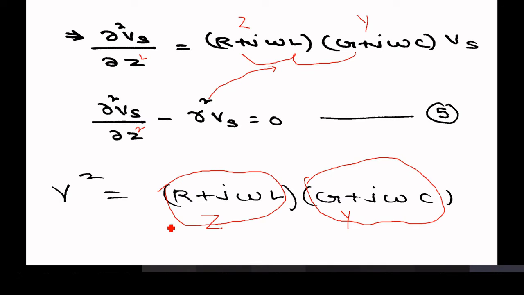So gamma square is equal to R plus j omega L into G plus j omega C, or we can write it as gamma square is equal to Z into Y.